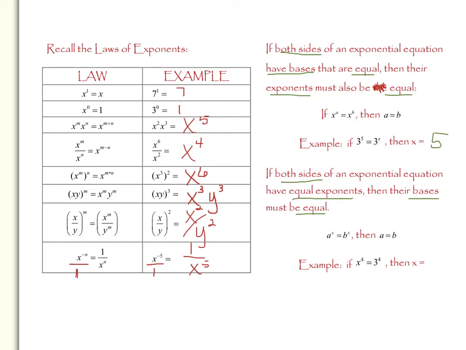So let's look at the example. If x to the 4th power is equal to 3 to the 4th power, then x must be 3, because 3 to the 4th power is equal to 3 to the 4th power. In just a few minutes, I will show you the importance of these two rules when it comes to solving exponential equations.